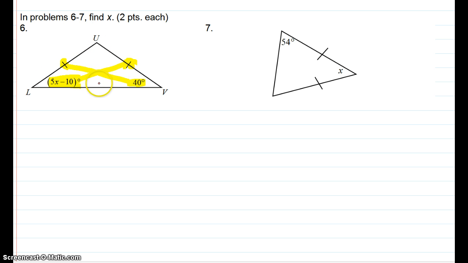So we're going to be able to say that 5x minus 10 equals 40. So we just set up our equation: 5x minus 10 equals 40. Now we just solve. We move the 10 to both sides. We always start with the number.